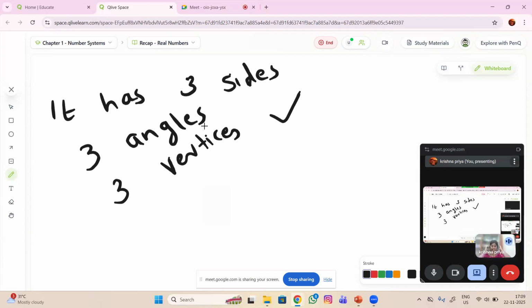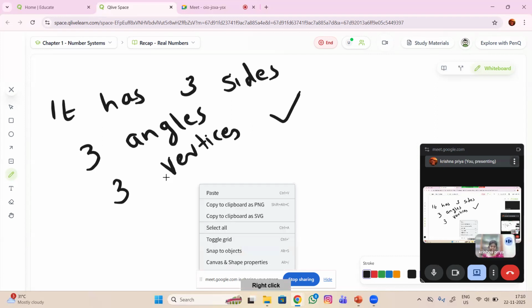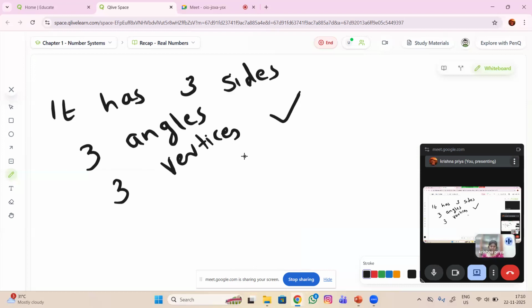These are the main important things about the polygon triangles. What is the smallest polygon? Very good. The smallest polygon is the triangle.